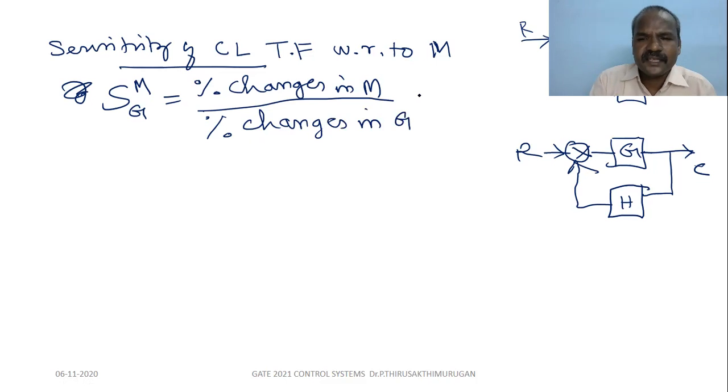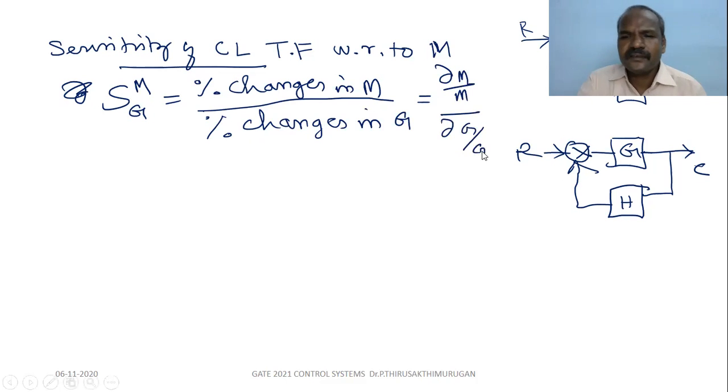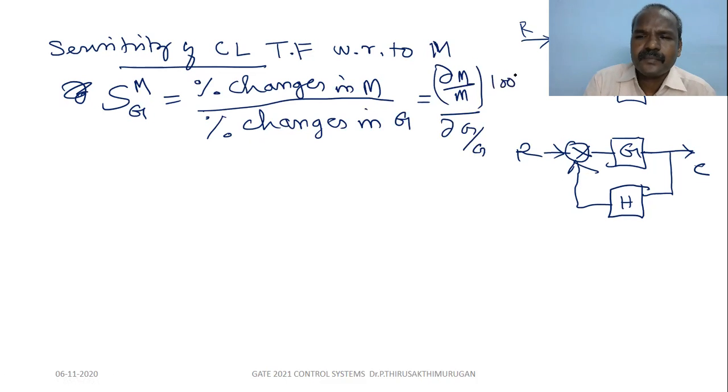So this is nothing but dou M by M over dou G by G. In the open loop this is 100%.